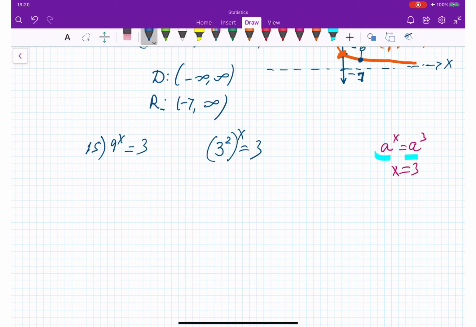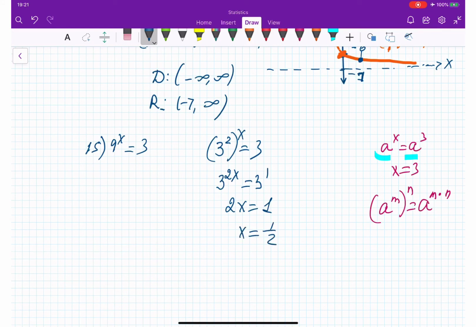Now 3 to power 2 to power x is going to be 3 to power 2x, because power to power, a to power m to power n is equal to a to power m times n, which is 2 times x will be 2x, and that is equal to 3 to power 1. Since bases are the same, then I can insist that 2x is equal to 1. And from here, x is equal to 1 over 2.